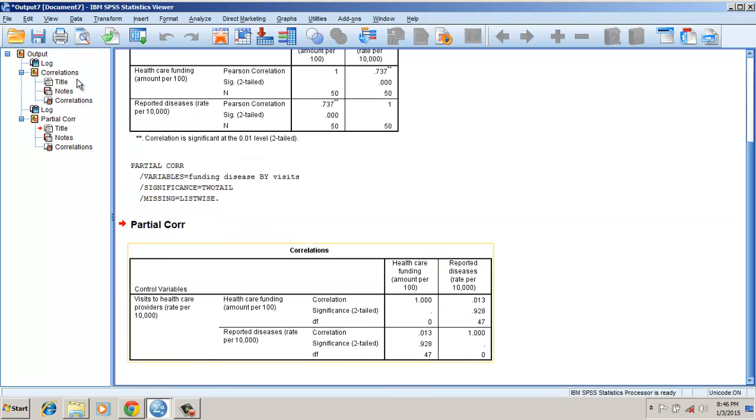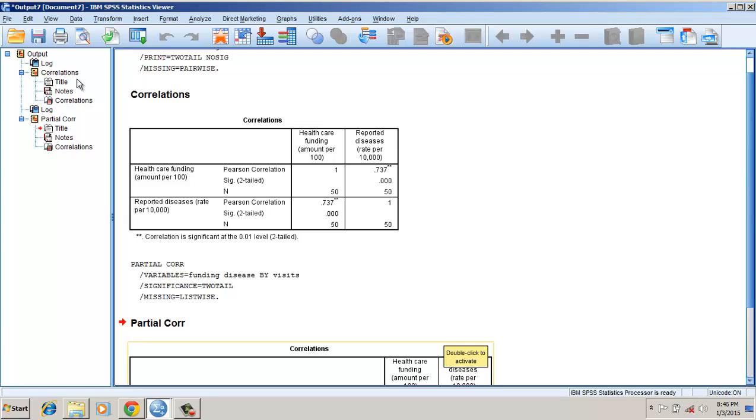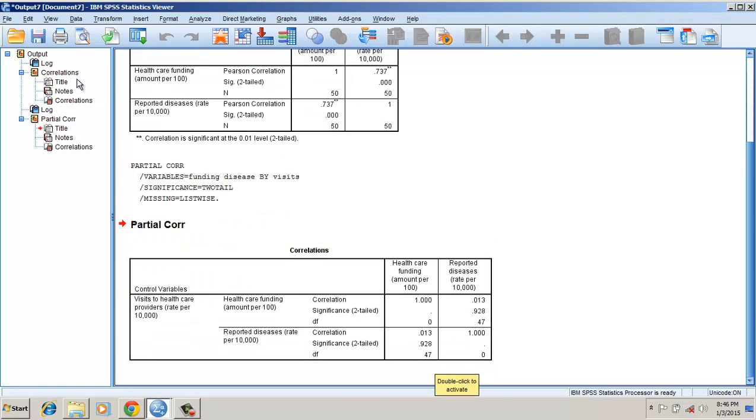Now when I look at the first aspect and the second aspect, at this part, that is the zero order correlation, and when I control for the visits to the healthcare provider, I get here the partial correlation, and this is not significant.